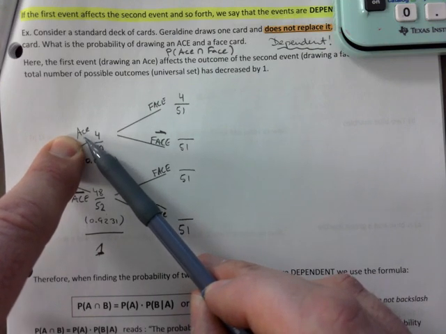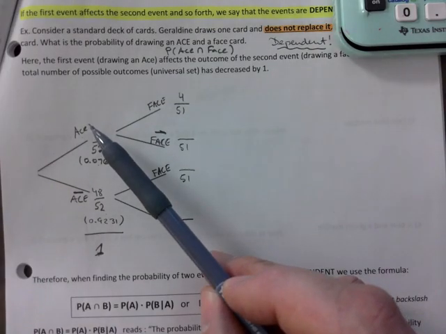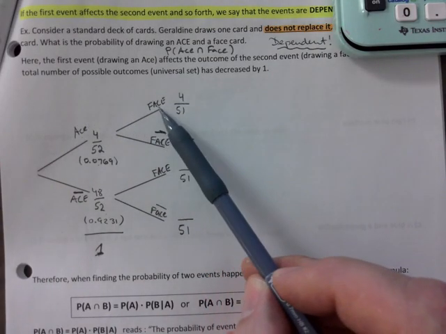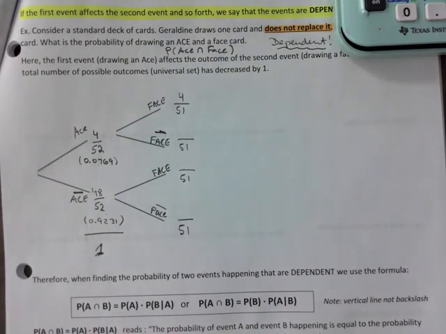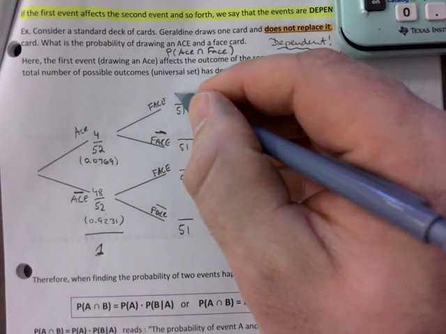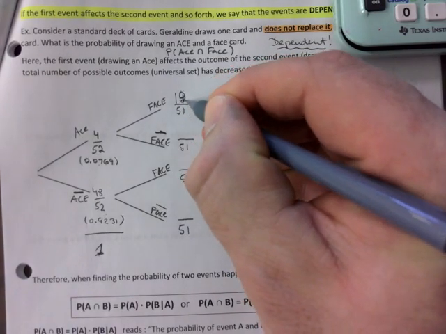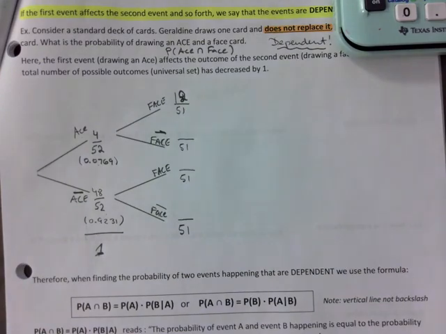So now one of the aces is gone. You're down to 3 aces. Does that affect the number of faces? There are 12, correct. Okay, got it. Sorry, guys.